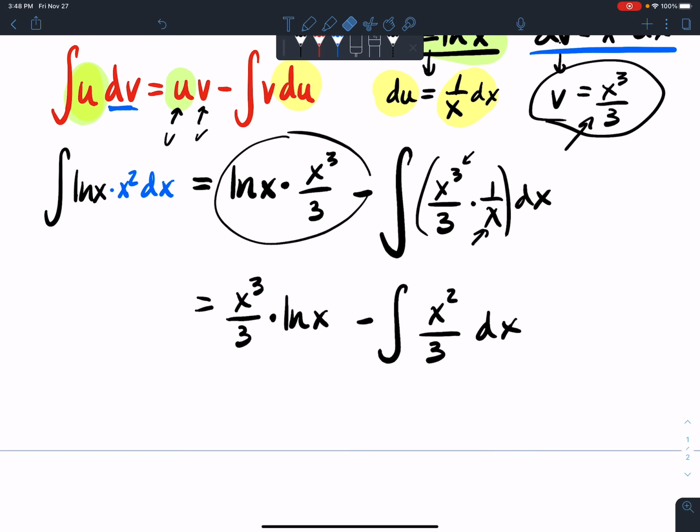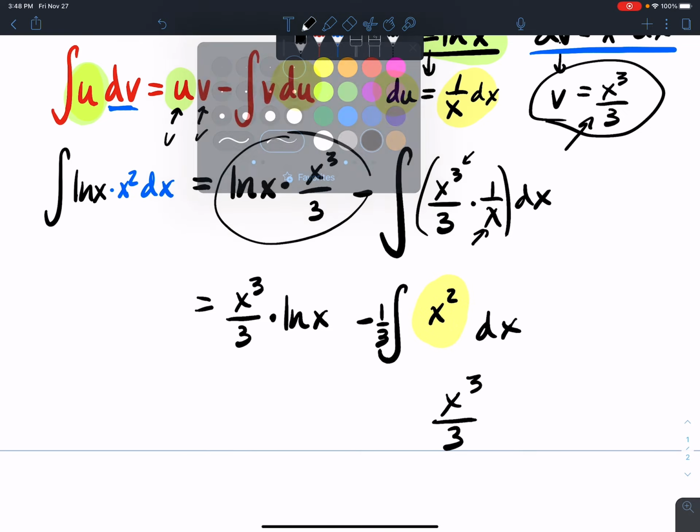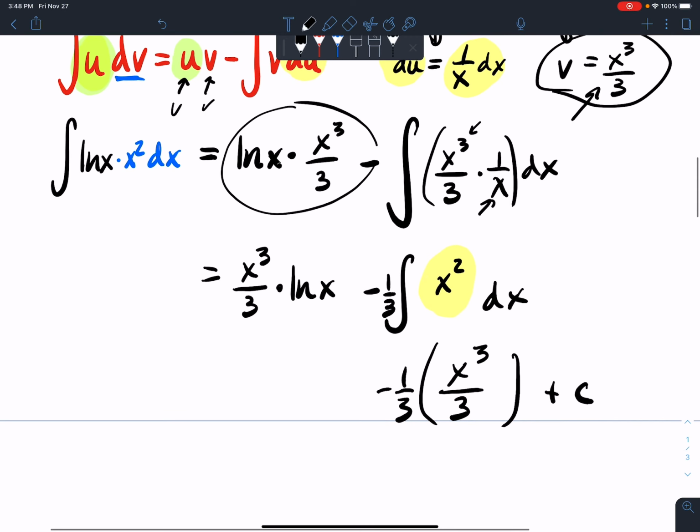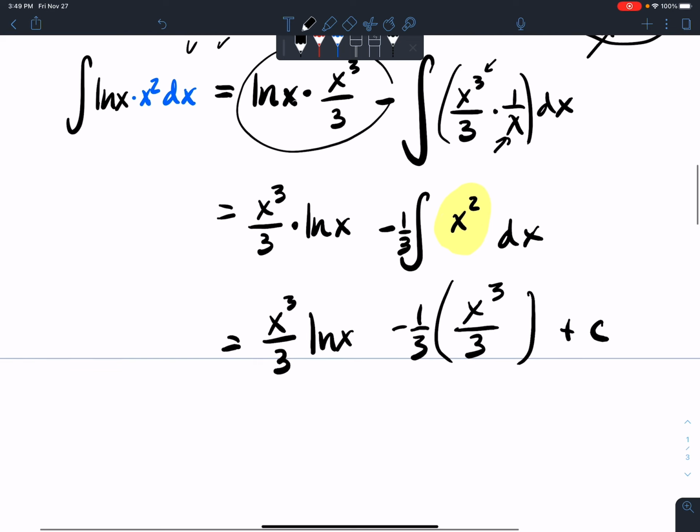I'm going to pull out the 1/3, so I've got that negative 1/3 out front. And I need to integrate x squared, which is x cubed over 3, plus c. Technically that 1/3 goes to the c, but the c consumes that 1/3, so we can just write c there.